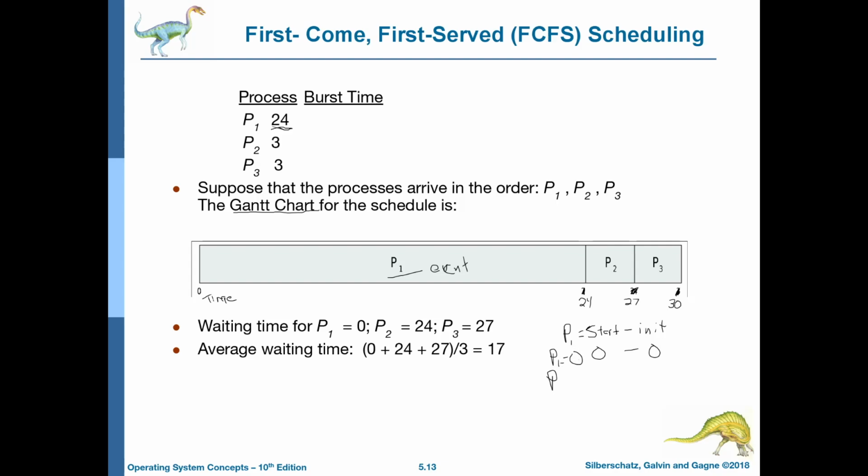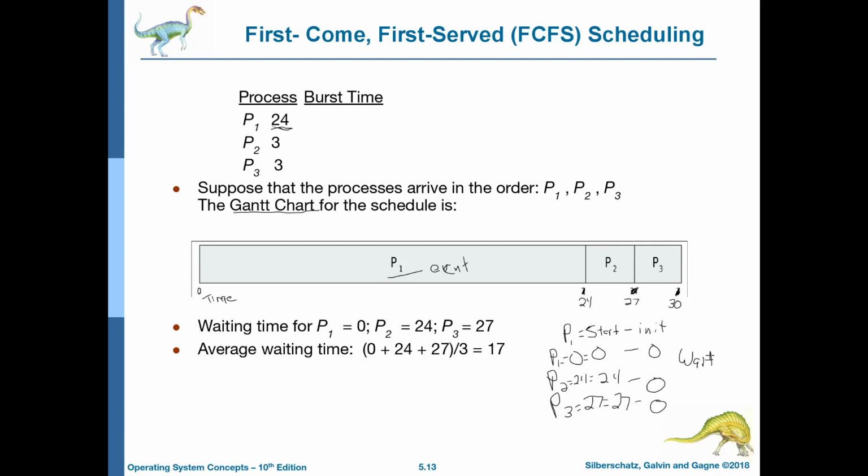Process 2, on the other hand, had an initialized time of 0 and a start time of 24. So the difference there is 24. Process 3 had an initialized time of 0, and its start time was at 27, meaning it had a wait time of 27.